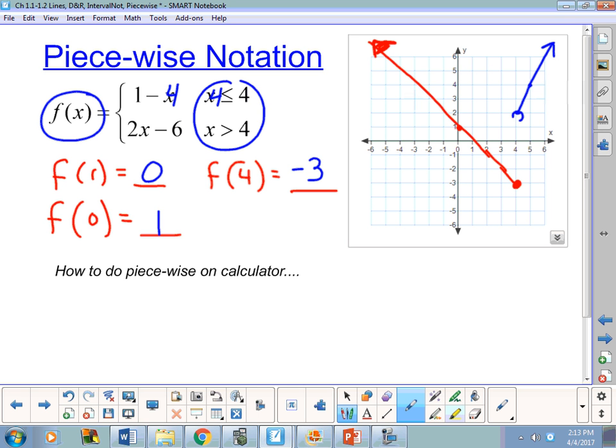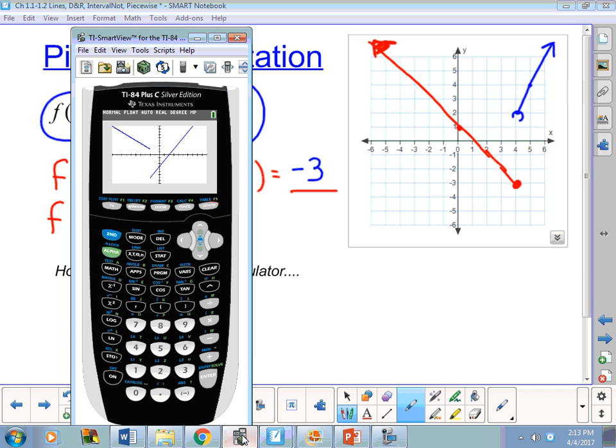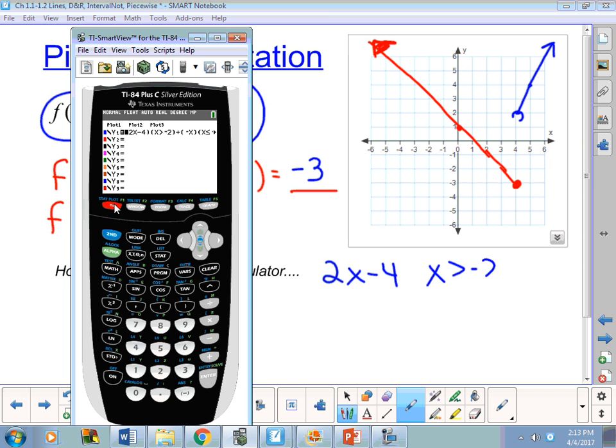All right. How to do piecewise on a calculator? There's a piecewise equation on a calculator. It's pretty simple. Let me go to what it looks like. I put parentheses around, in this case, 2x minus 4, and I wanted that to only exist for x greater than negative 2. And then I had another part of my equation be negative x, and that's all.